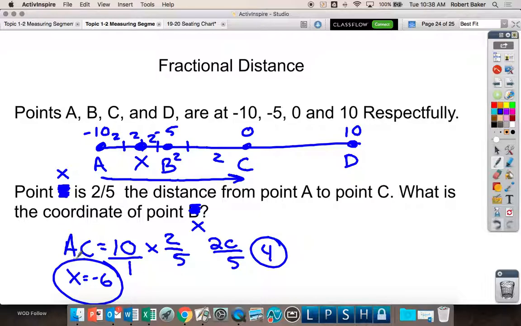Same fractional distance question. What point is halfway between A and D?